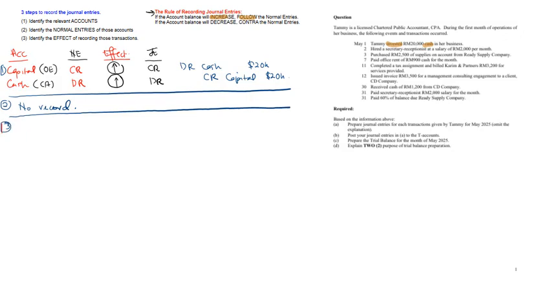Next, on 3rd of May, purchase 2,500 supplies on account from Ready Supplies. So when you see the word on account, it is not yet paid, so we have an account payable here. It's a liability. So we're going to record Ready Supplies.